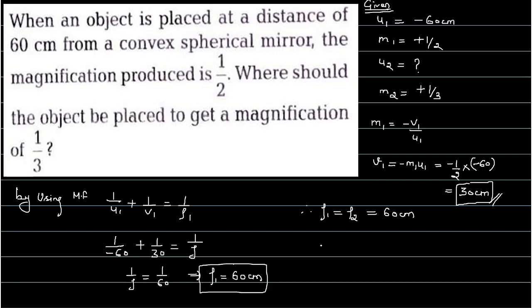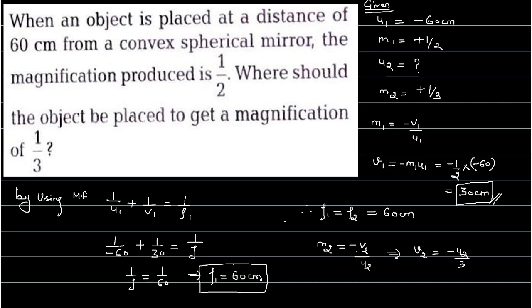Now again we can apply for the second case. m2 is equal to minus v2 upon u2. So v2 comes out to be minus u2 by 3, right? Now we don't know u2, no problem.